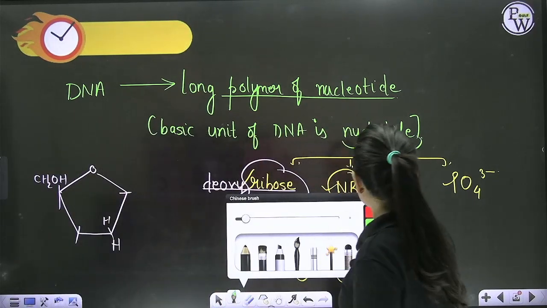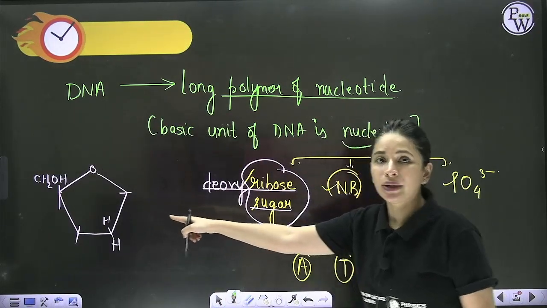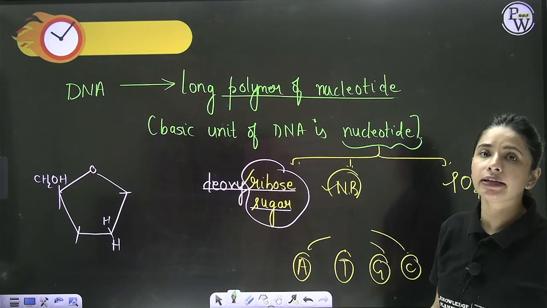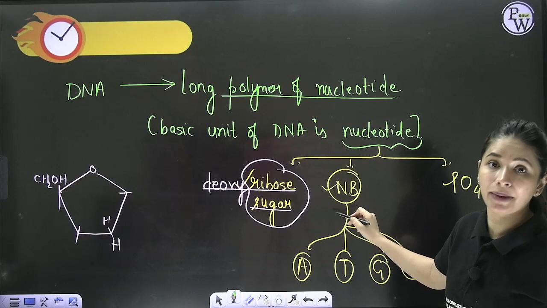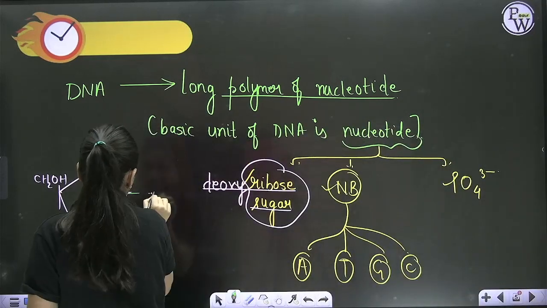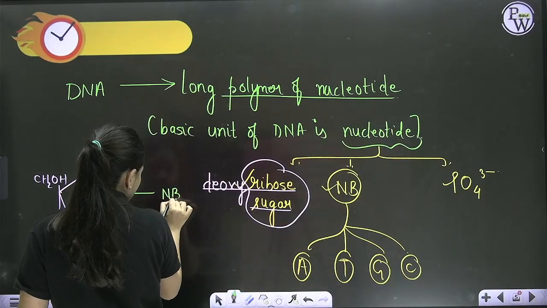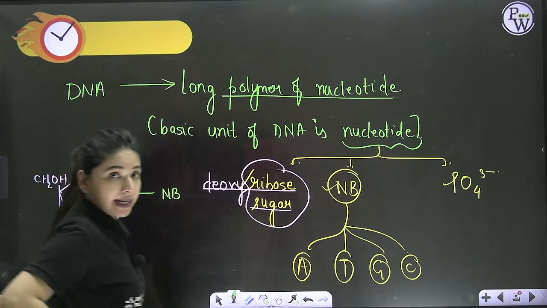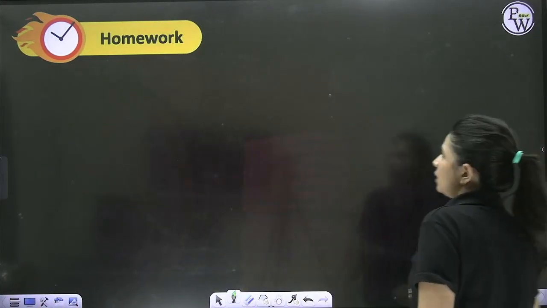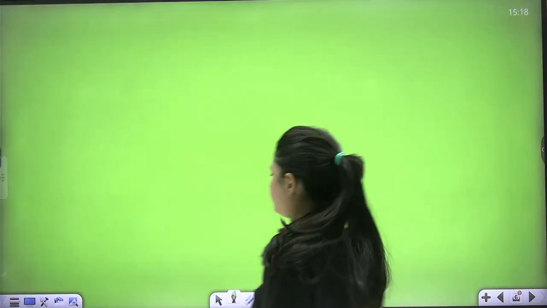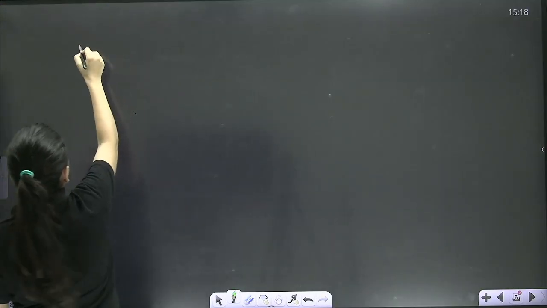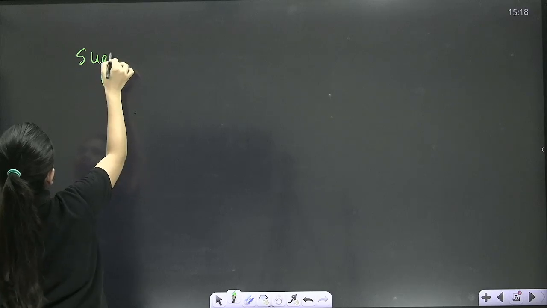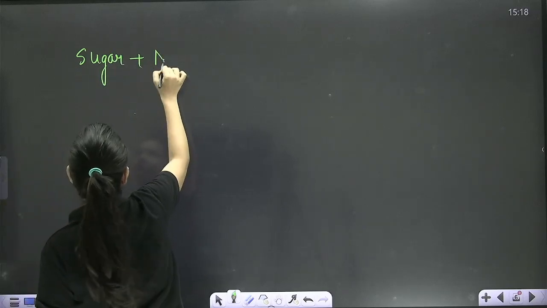Now, to the first carbon, with the help of an N-glycosidic bond, the nitrogenous base attaches. Right? So what will you write now? On the next slide, you'll go and write: sugar plus nitrogenous base.